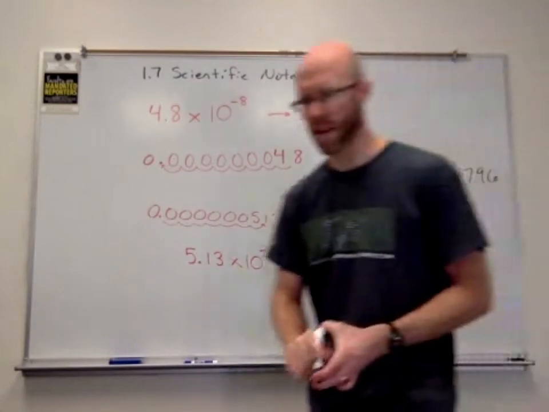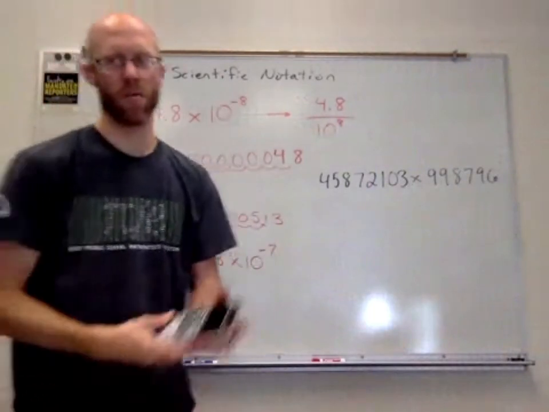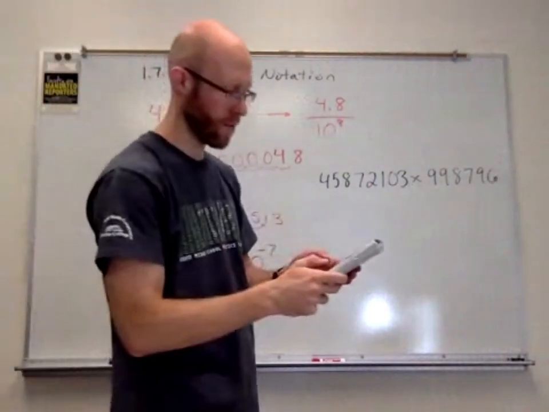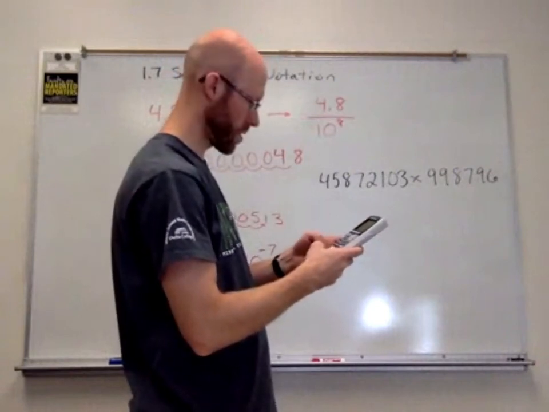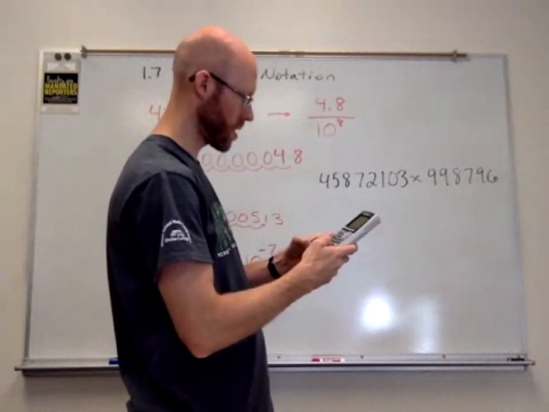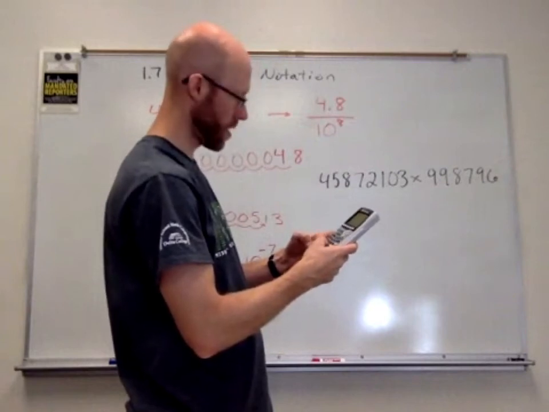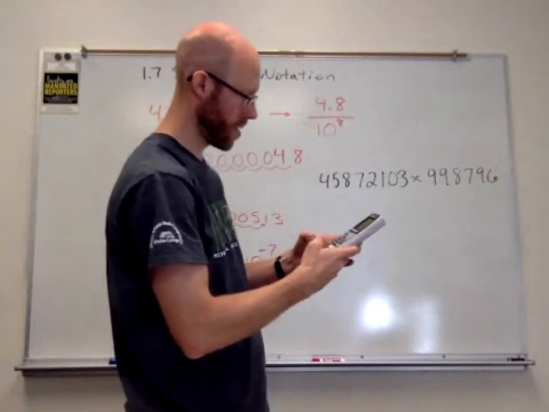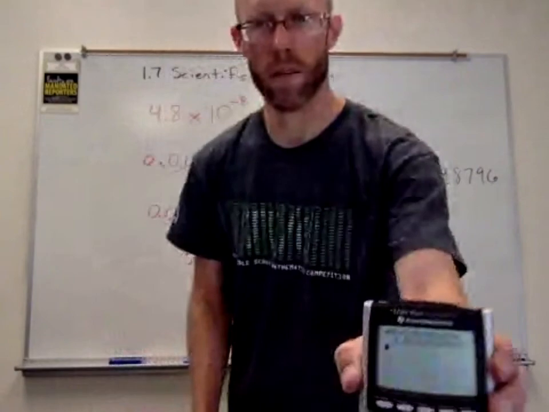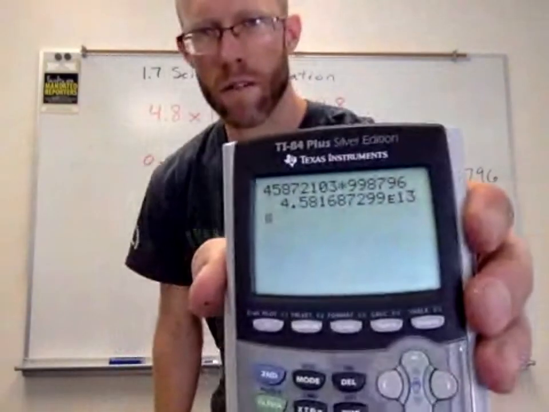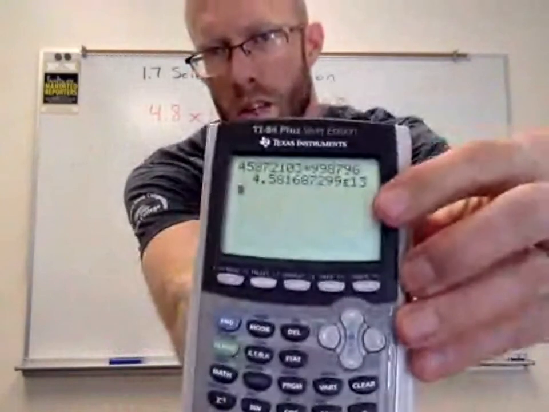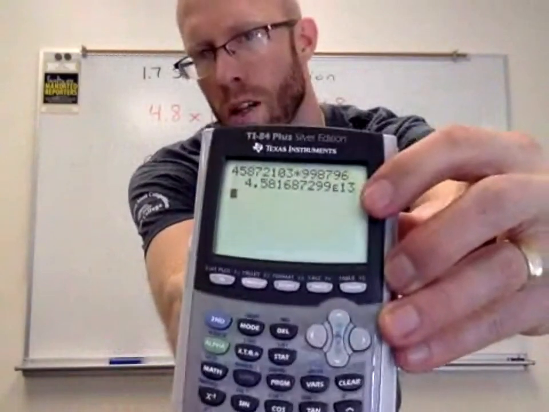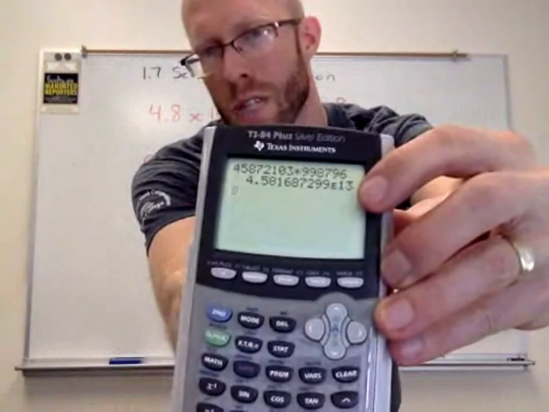If you were to type that into your calculator real quick, if you have it with you, or I'll do it here just to show you what's going to happen. 458722103 times 998796. I'll pop this on the video there. So what you'll see is a really long decimal followed by an E13.